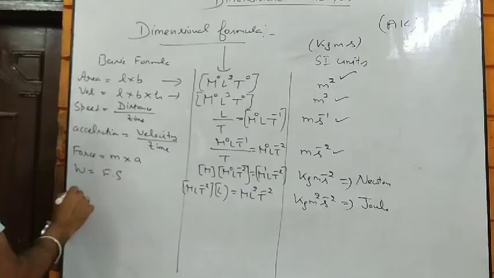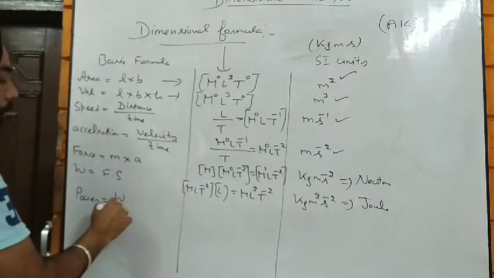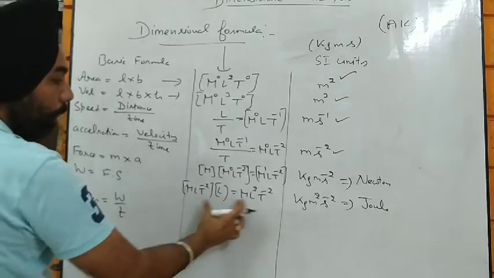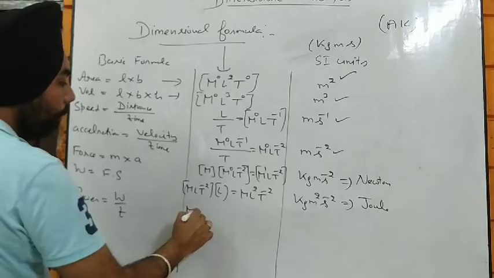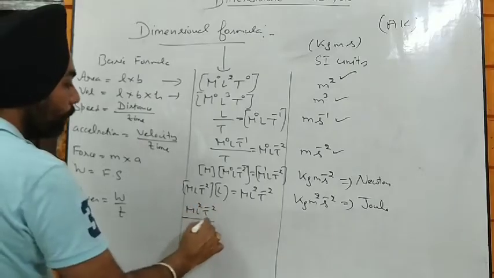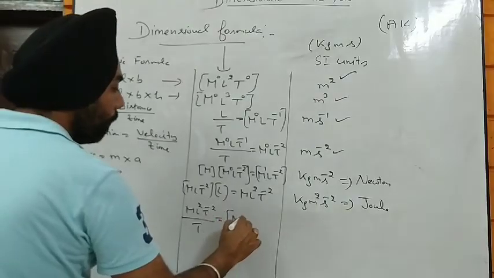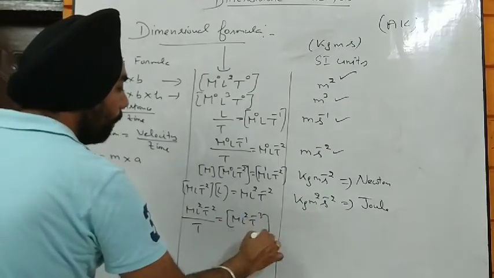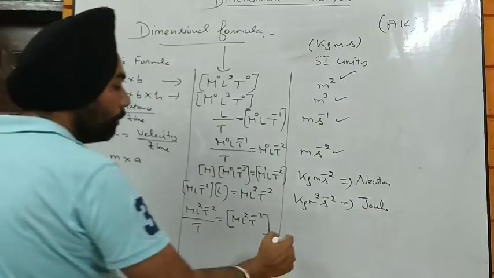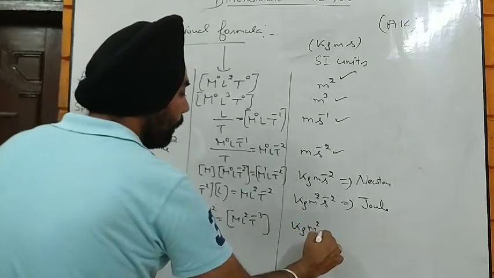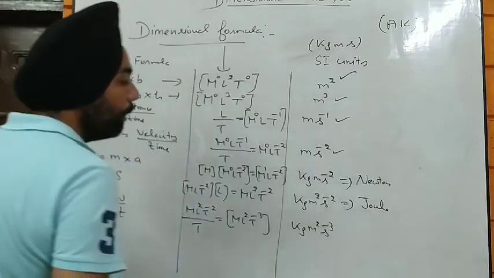So just we are going for power. Now what is power? Power is work upon time. Now you have the units of work here and dimensional formula of work here. Now work is M L^2 T^-2 upon time. So which means power is having dimensions of M L^2 T^-3. Now just putting those values here. So it is going to be kilogram meter squared per second cubed.